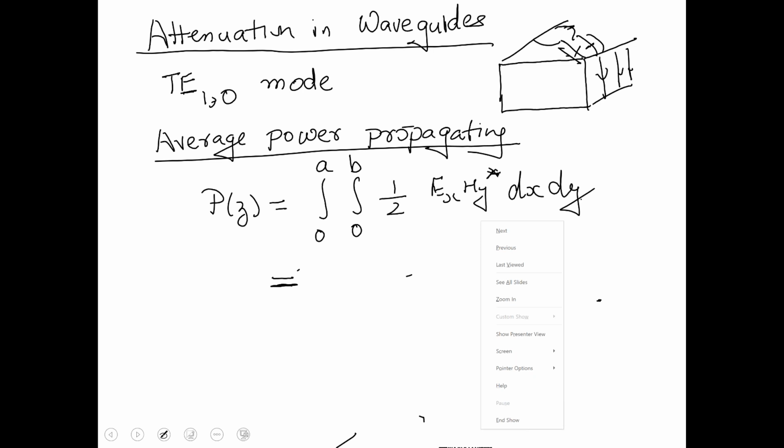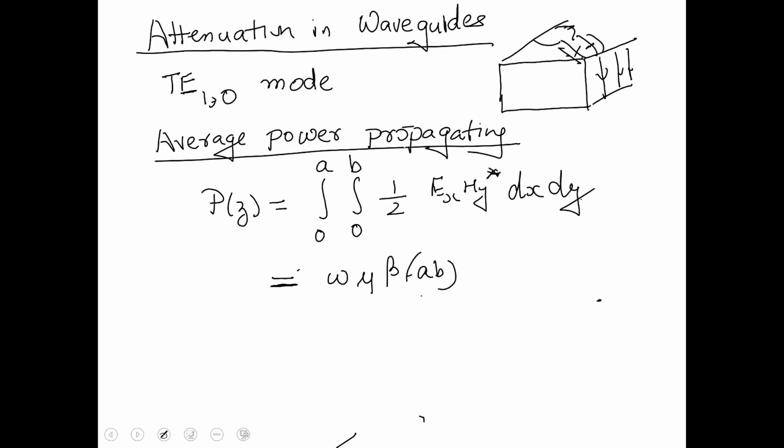You get the answer that this is going to be equal to omega mu beta a b times a H naught square by 4 pi square.